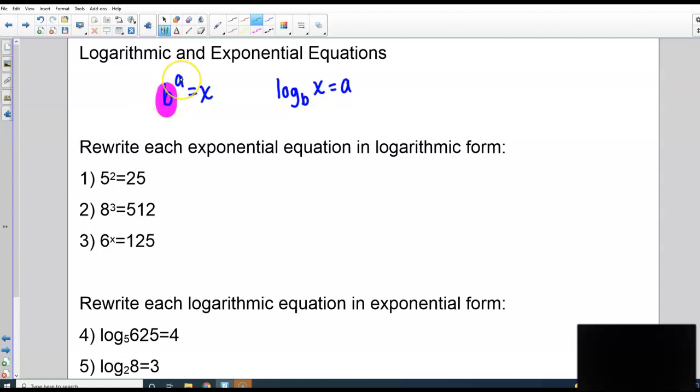So b and a were together here. So b has to be the base. A cannot go with it. A has to go here on the other side. So these two have to switch places. So for this first example, if we want to rewrite this as a log, we would say log base 5 of 25 equals 5.